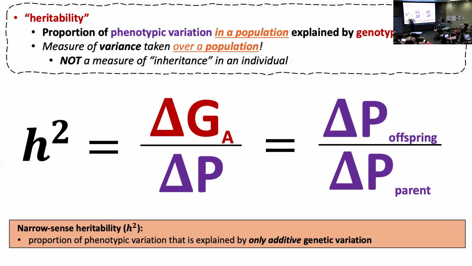Then this additive variation comes out just by looking at the changes in the offspring phenotype relative to the changes in the parent phenotype. So basically, if you know the average height of parents and for a given offspring, and you have a bunch of different offspring, then you can study the narrow sense heritability of height.